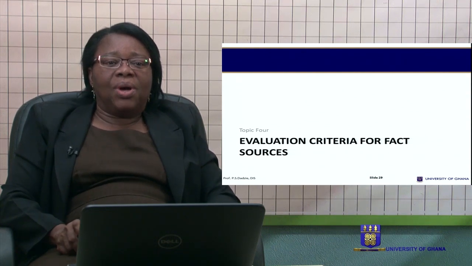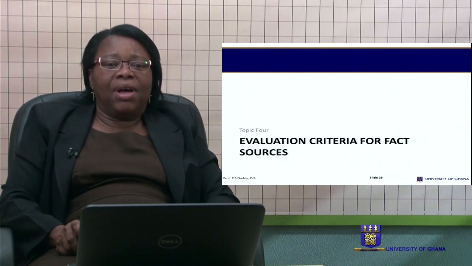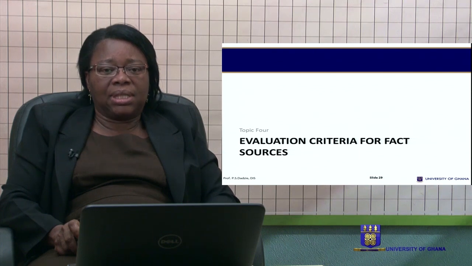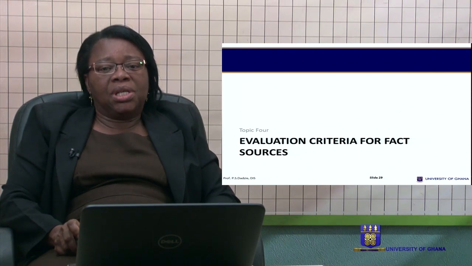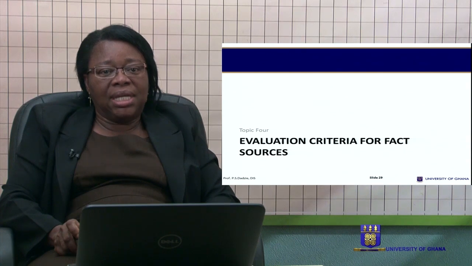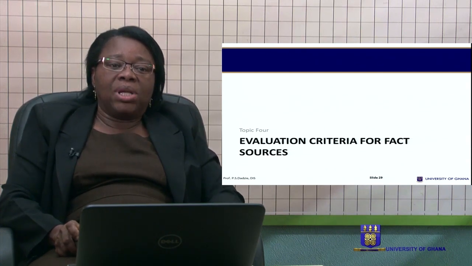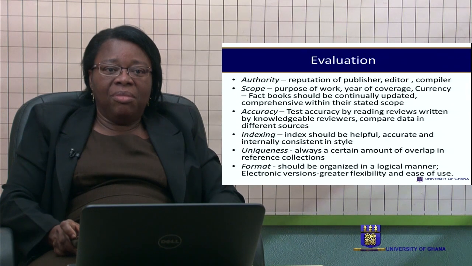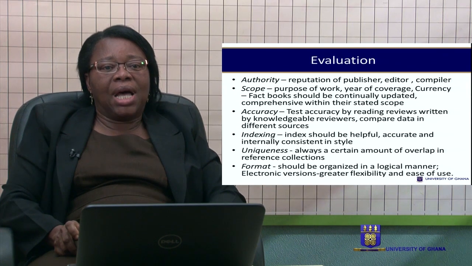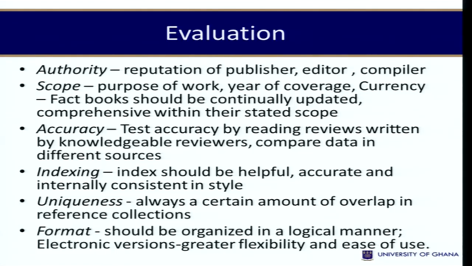Now, let us look at the last part, which is the evaluation criteria for fact sources. I am going to mention just the main criteria because we have explained them already in session 2, and session 3 went into detail to explain what these criteria mean. So, authority: you need to look at the authority of the fact sources. You look at the accuracy.